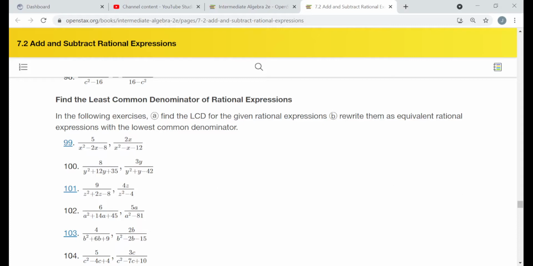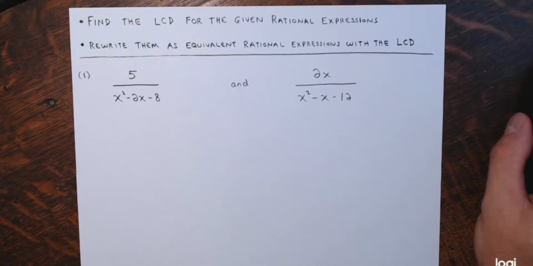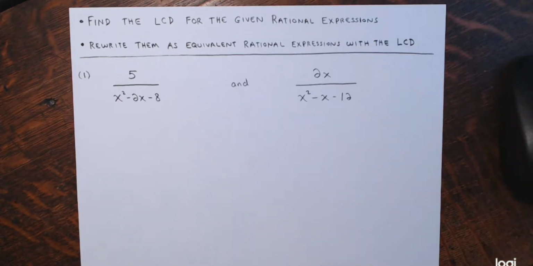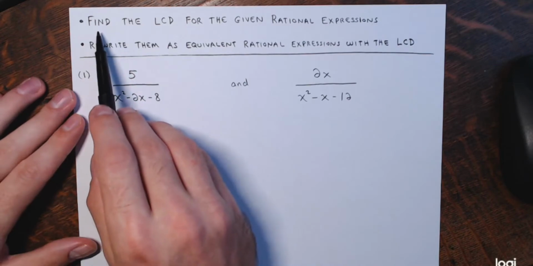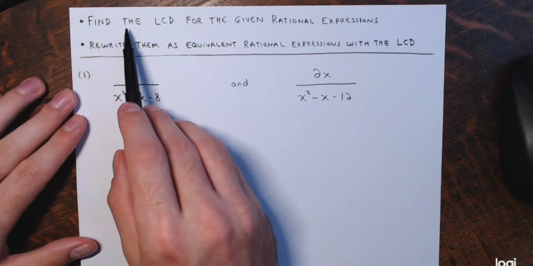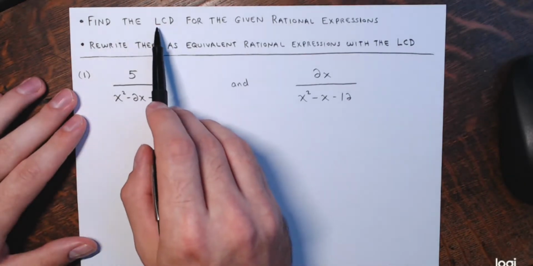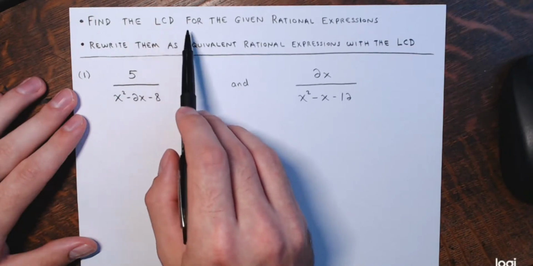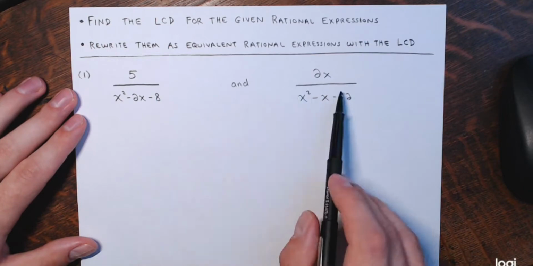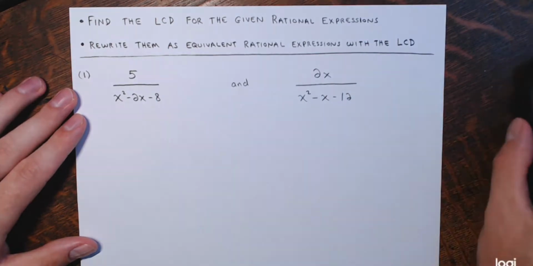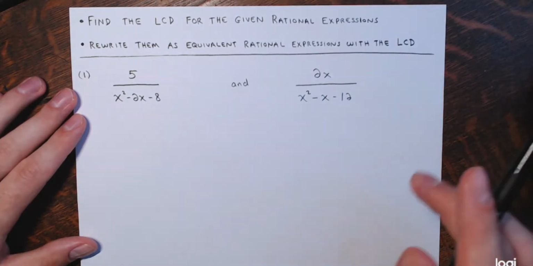So into exercise 99. Like I said at the top of the video, there are 2 instructions for this. First, I'm asked to find the LCD, the least common denominator, for the given rational expressions. I'm given 2 fractions, 2 rational expressions, and asked to find the least common denominator.